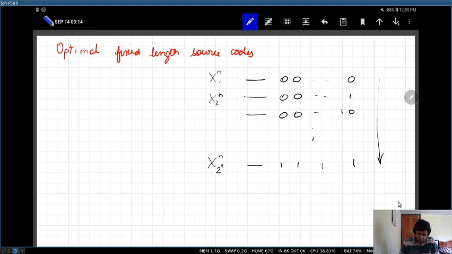And of course there are many sequences which do not have code words, xn 2 to the k plus 1 up to the size of x to the n, right? So these are sequences which do not have any code words associated with them, and these are sequences which we are going to map to certain code words, right?